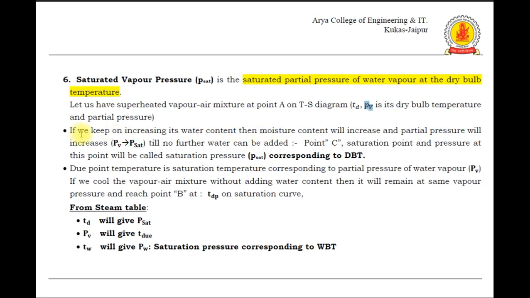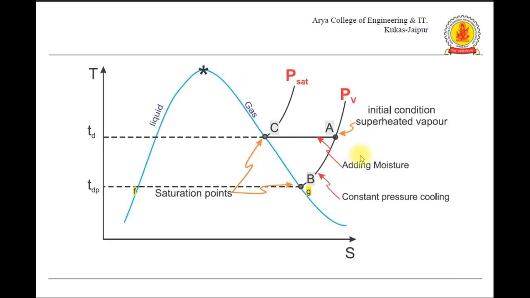So let us see. If we keep on increasing its water content, then moisture content will increase and partial pressure will increase and will go up to saturation pressure. So if we are given dry bulb temperature and we look at the pressure corresponding to this temperature, then we will get saturation pressure.